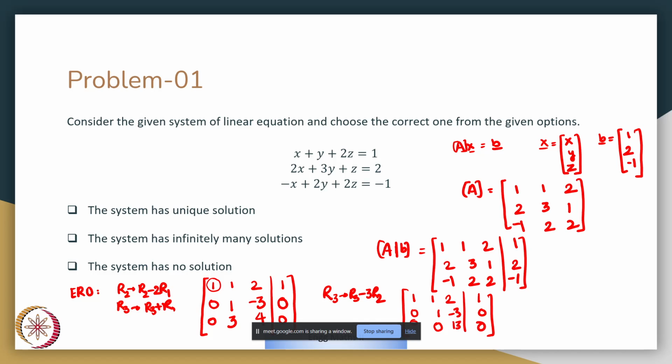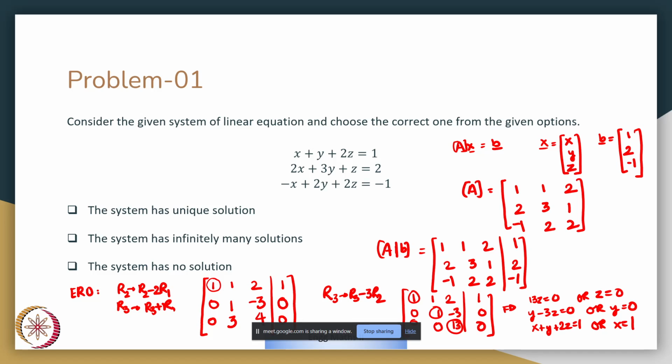So you have three non-zero pivots. This basically gives us solutions as 13z is 0 or z is 0, y minus 3z is 0, which gives y is equal to 0, and finally you have x plus y plus 2z equal to 1, which gives x equal to 1.